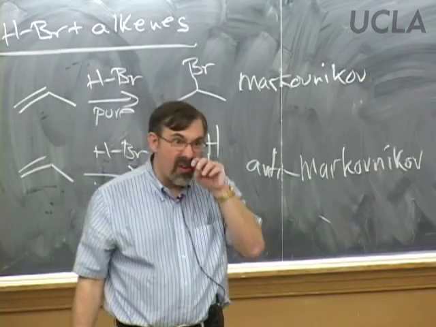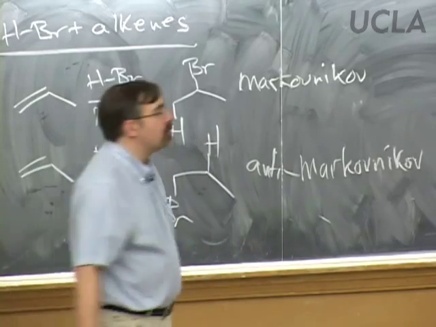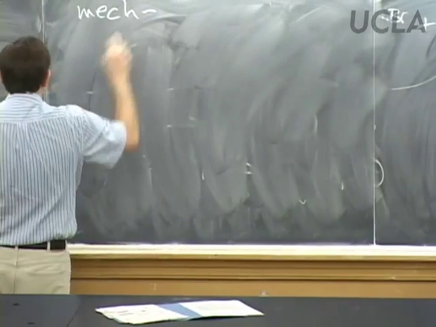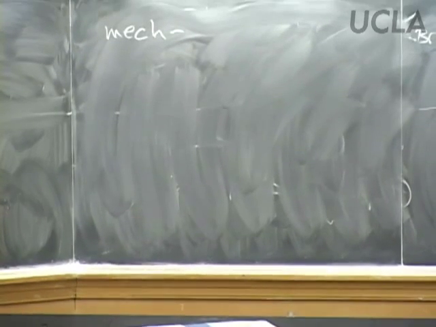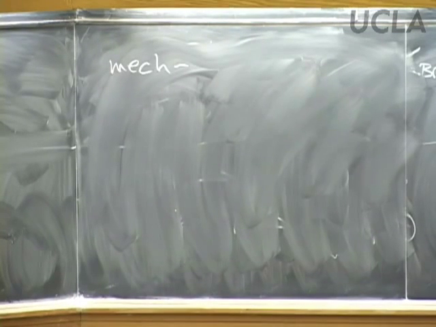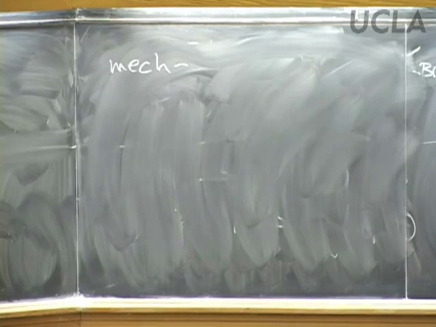So we're going to take it on faith that they knew it was a radical process. But let's figure out what the mechanism might be. Well, the mechanism is not going to start with the reaction of the alkene with HBr, because alkene plus HBr goes through the carbocation mechanism, Markovnikov addition. So that cannot be how the mechanism starts.